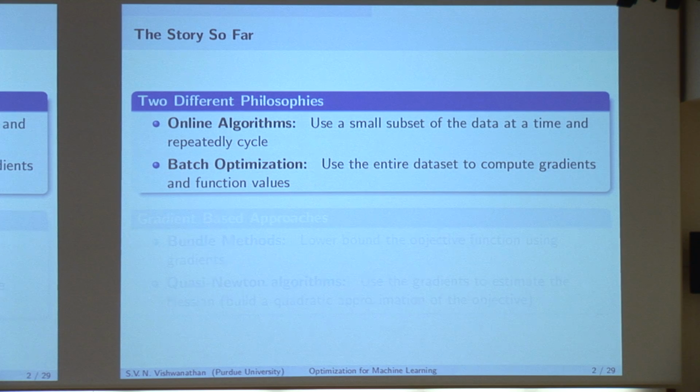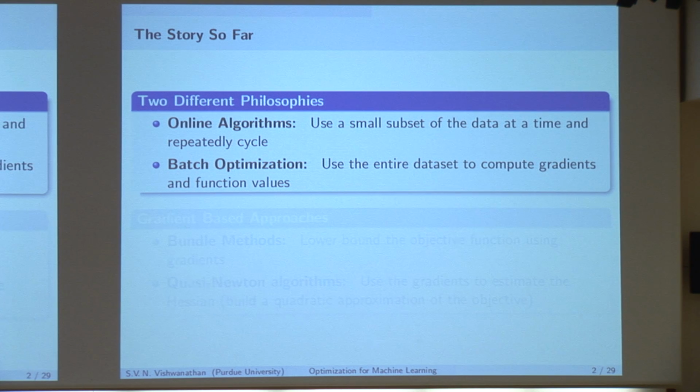What we saw in the very first lecture, on Monday, was online algorithms. Leon also dwelt extensively on online algorithms, stochastic gradient descent, second order stochastic gradient descent, and so on. The philosophy there is that you use only a small subset of the data at every time, and then you repeatedly cycle through your data.